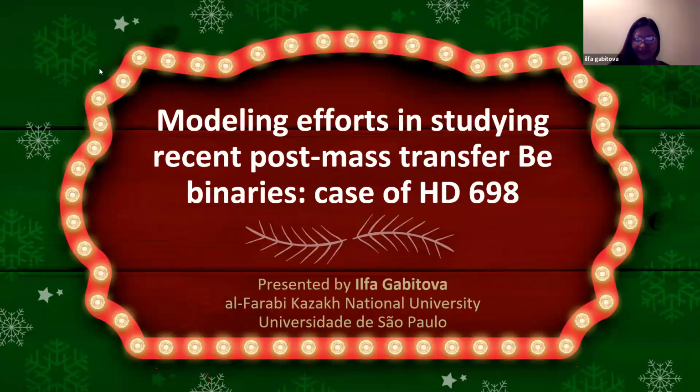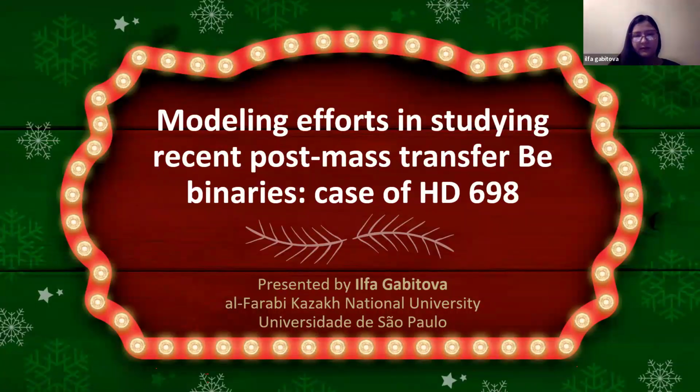Thank you very much. Thanks for inviting me. Hello, everyone. Today I want to talk about my recent research on a system called HD698, which combines recent high-resolution spectrometry results from interferometry and new radiative transfer modeling of the system to constrain its physical parameters.